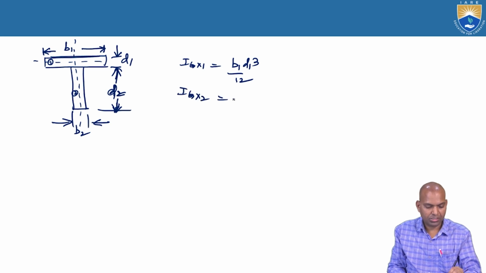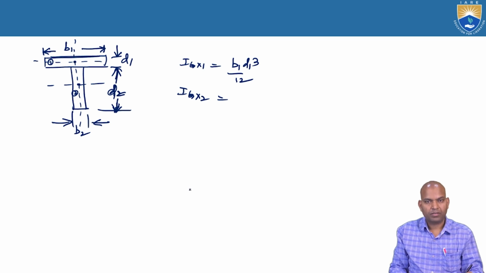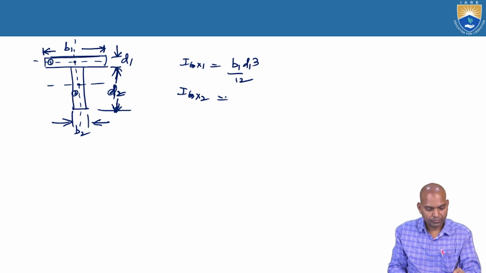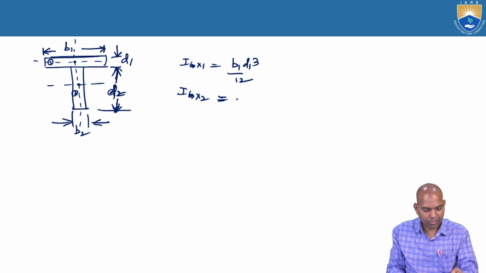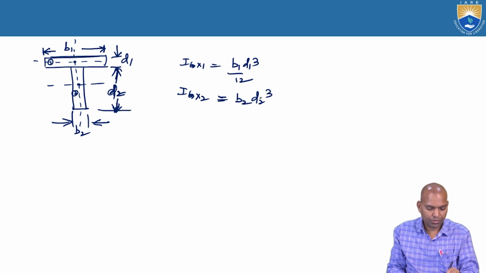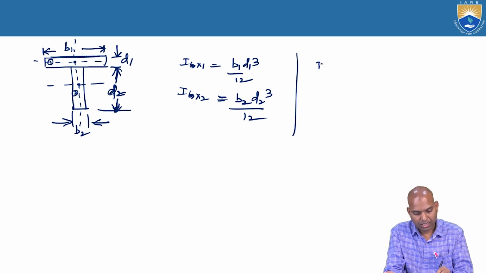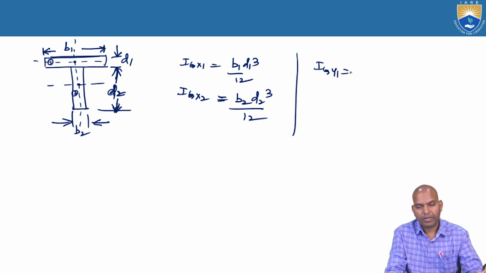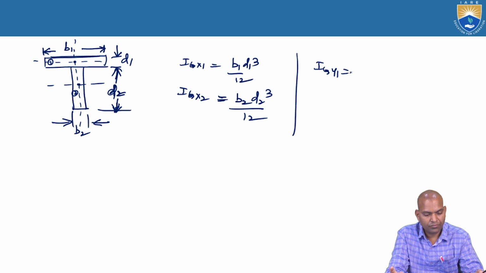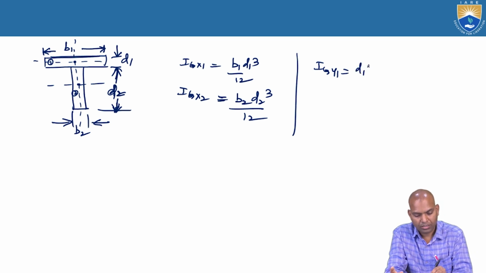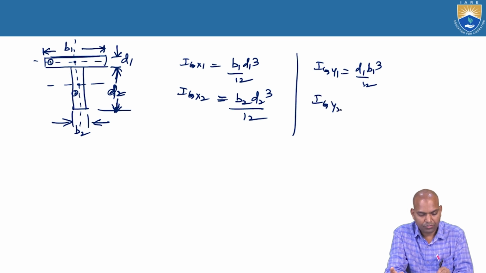IGX2, parallel to the x-axis, individual centroidal, IGX2 equal to B2 D2 cube by 12. The next, IGY1, parallel to the vertical axis, that is D1 B1 cube by 12. IGY2, that is D2 B2 cube by 12.